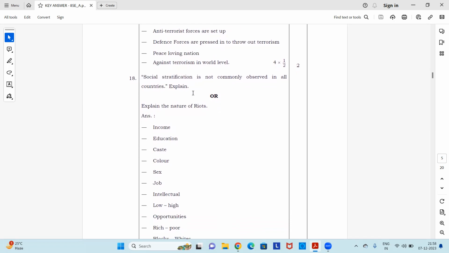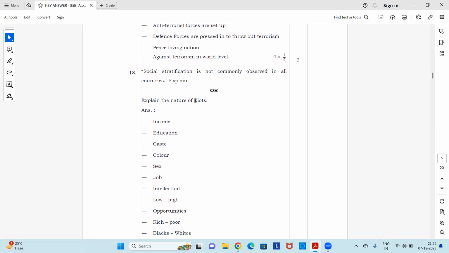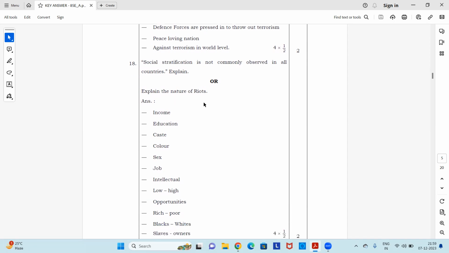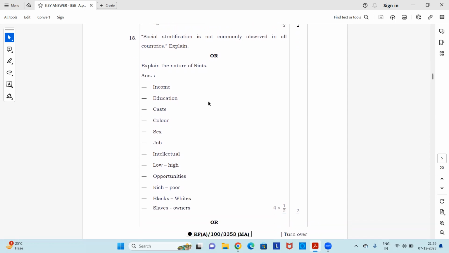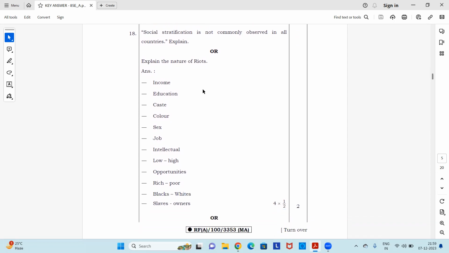Again, you see here internal choice is given. So let's see both the questions. Social stratification is not commonly observed in all countries. Explain. Or the second question is, explain the nature of riots. Okay, so let's see the first answer. Social stratification is not commonly observed. So why is it?